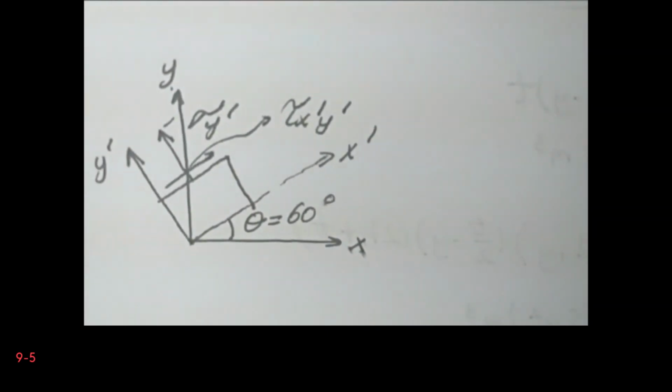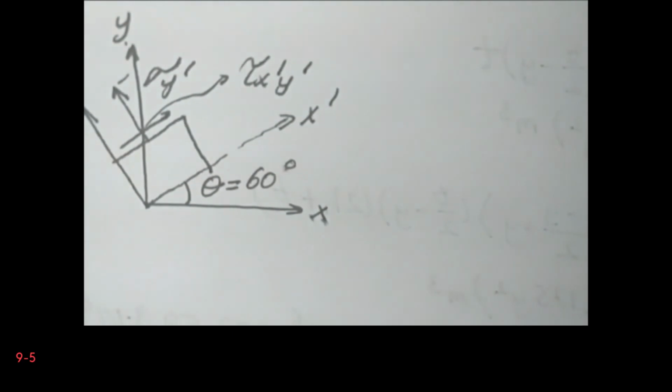Therefore we are asked for the normal stress sigma y prime and the shear stress tau x prime y prime. So these are our coordinate systems. Now let's write the expressions for the normal and shear stresses in the y direction.